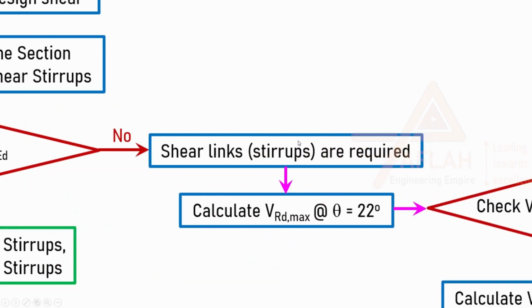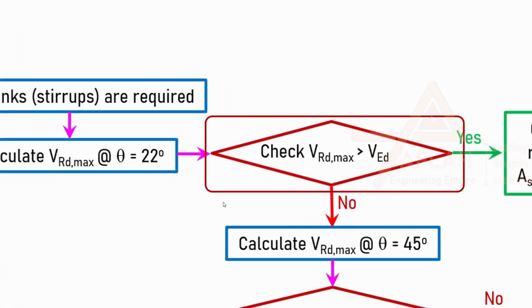To do that, we have to determine the VRD max at theta 22. If it's okay, fine. If not, we have to try another theta. Theta varies from 22 degrees to 45 degrees for VRD max. Now, how do you calculate VRD max?